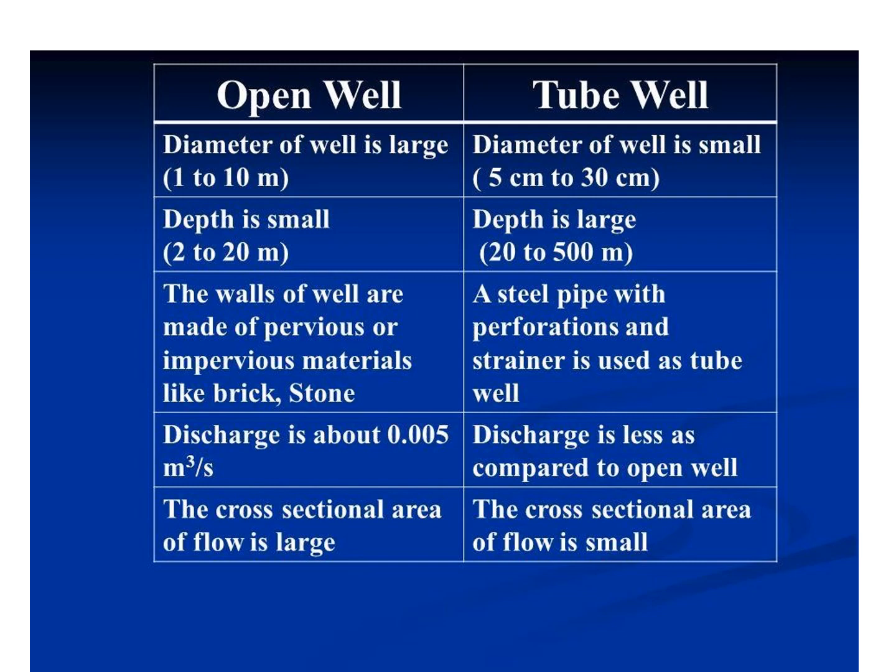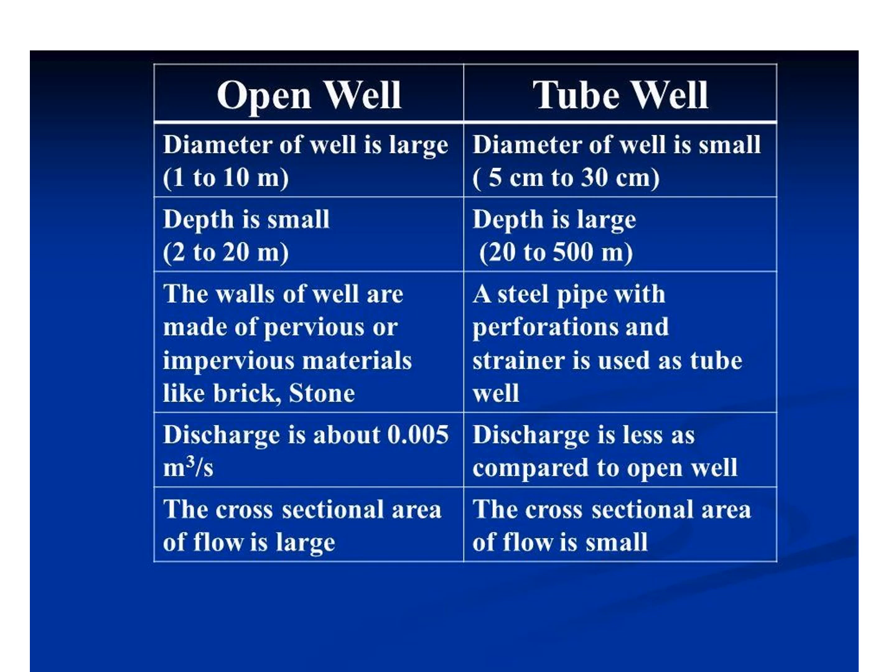The depth of the open well is 2 to 20 meter. The depth of the tube well is 20 to 500 meter. The material is like bricks and stone for open well, and the tube well is like a steel pipe.